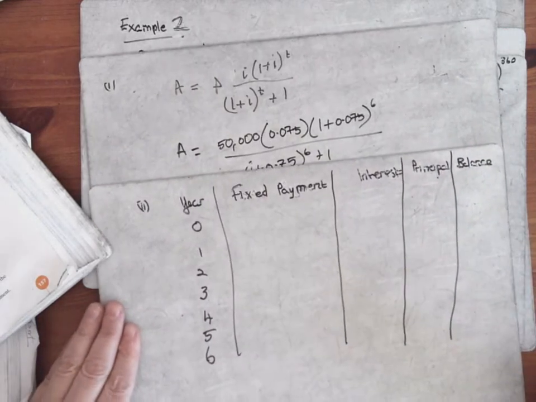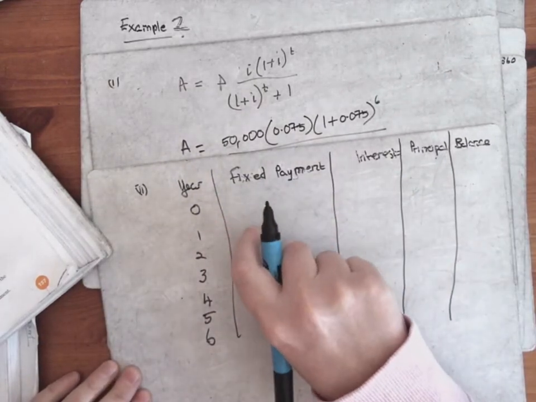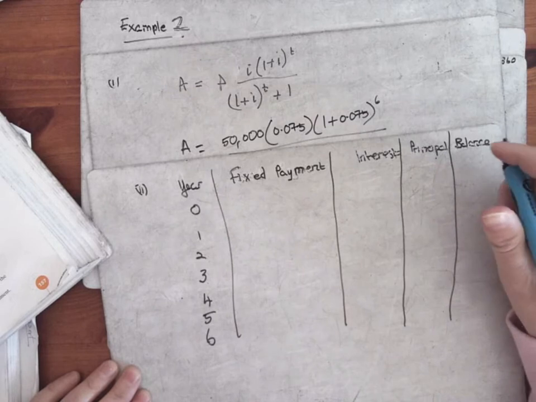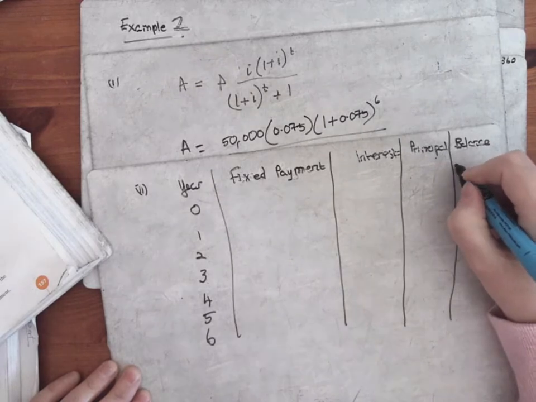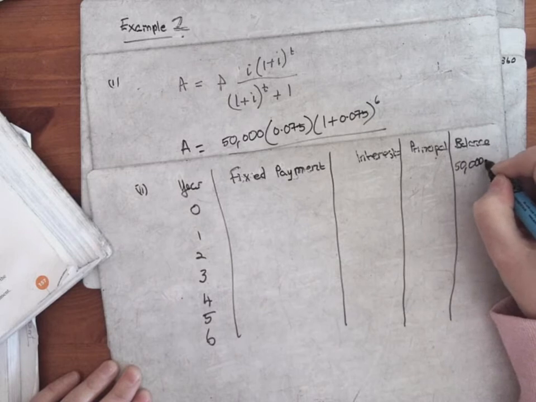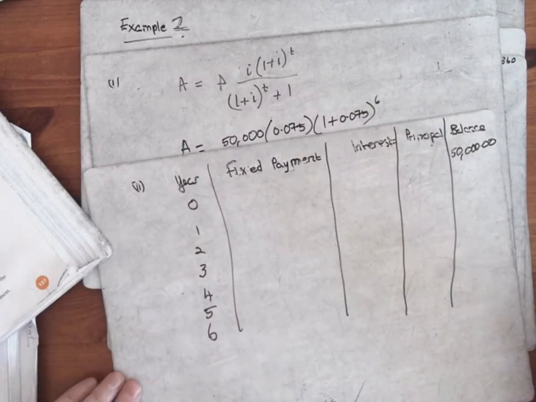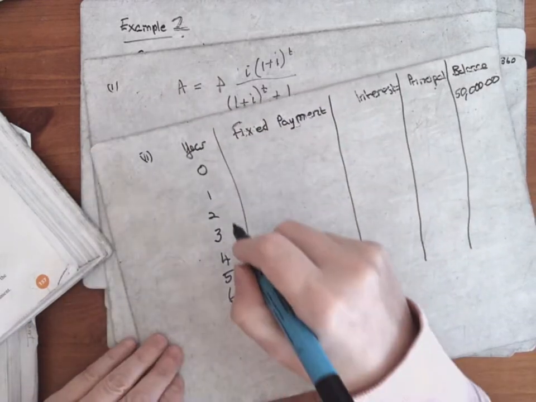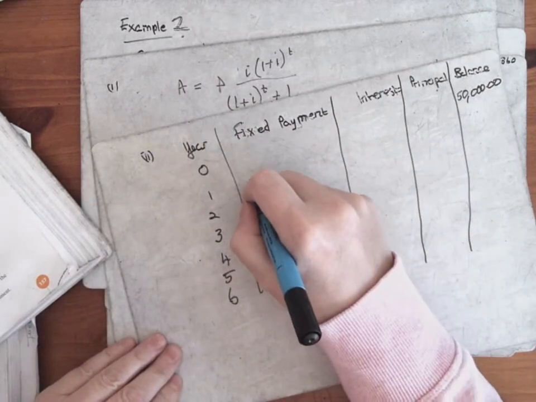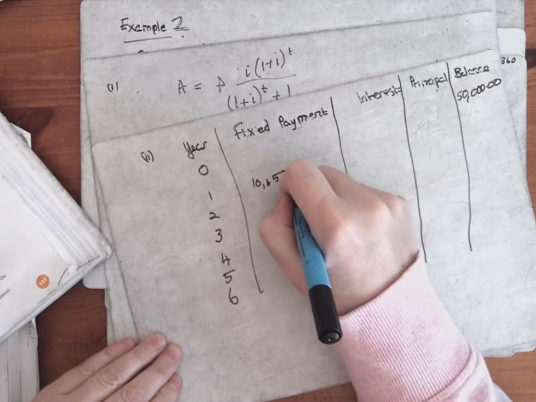Okay, so year 0, she obviously paid them nothing. There was no interest. Principal balance basically 50,000. She borrowed 50,000. Then we've just figured out that her payment every year was 10,652.24.